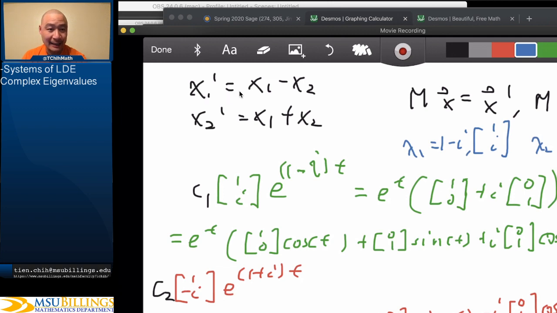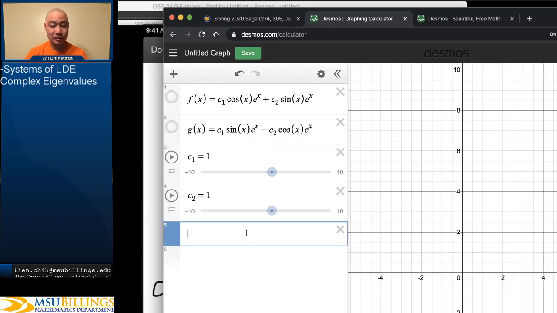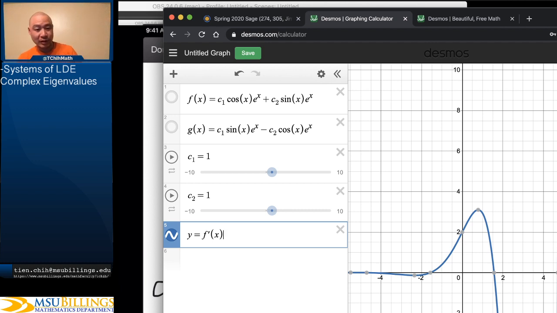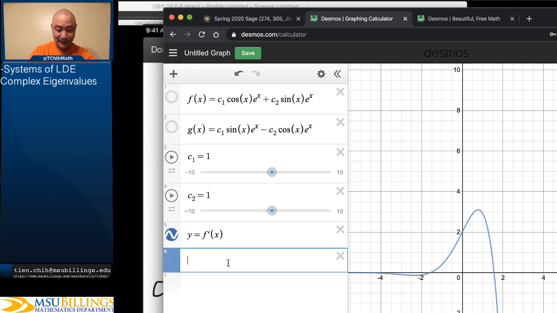We have that x1 prime is x1 minus x2, and x2 prime is x1 plus x2. So I'm going to go ahead and draw f prime of x. I'm going to compare that to f of x minus g of x.